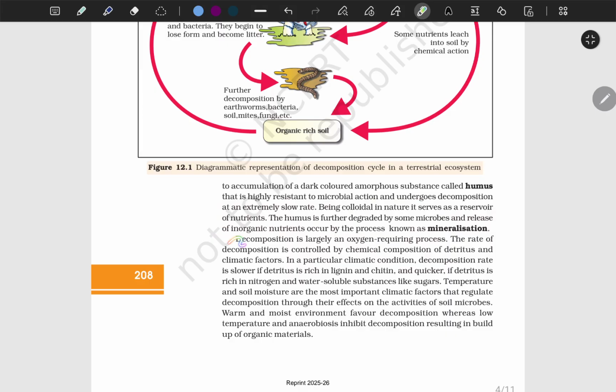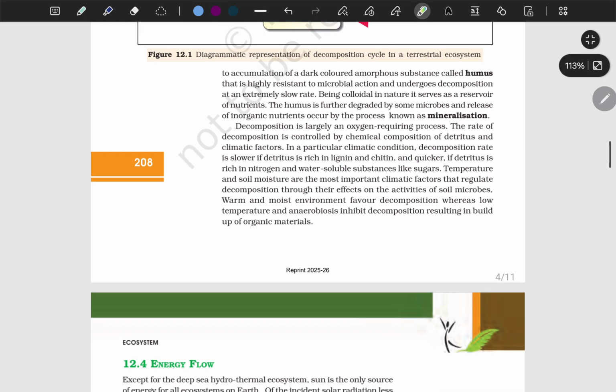So decomposition is largely an oxygen-requiring process. The rate of decomposition is controlled by the chemical composition of detritus and climatic factors. In a particular climatic condition, the decomposition rate is slower if the detritus is rich in lignin and chitin, and quicker if the detritus is rich in nitrogen and water-soluble substances like sugars.